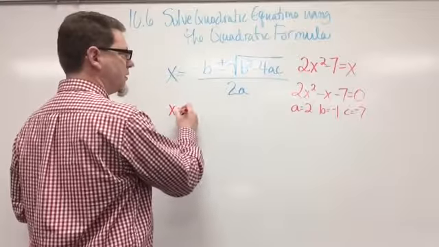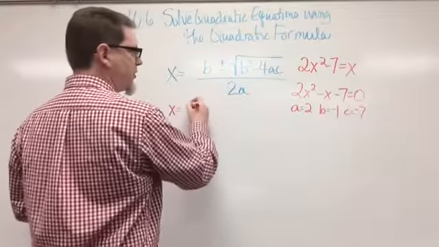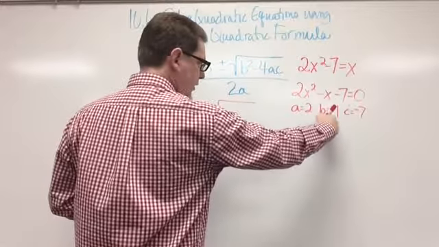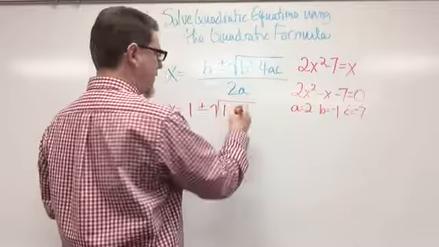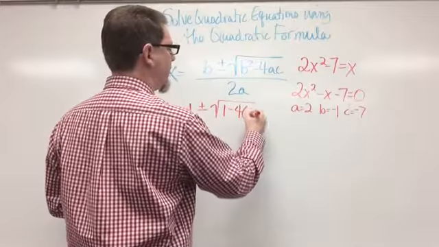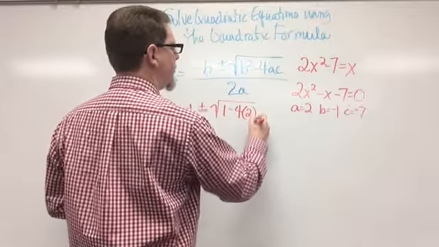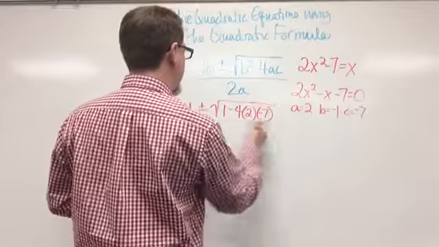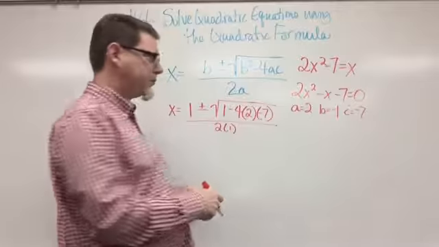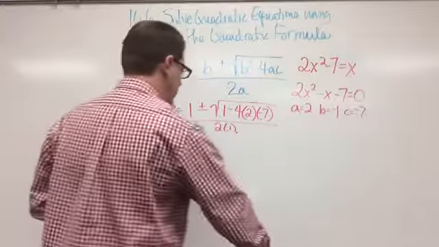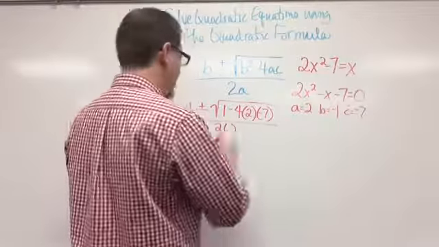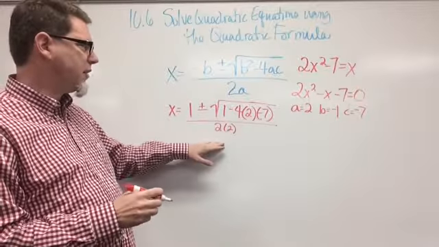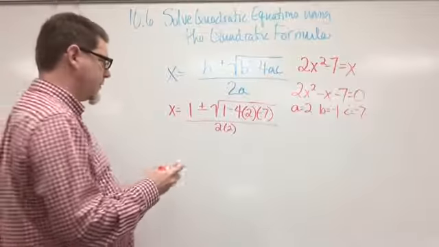So x equals the negative of b, which is 1, plus or minus the square root of b squared, negative 1 squared is 1, minus 4 times a, which is 2, times negative 7, over 2 times 1. That's wrong. That's over 2 times 2, because a equals 2. So I have my a, b, and c all plugged in correctly, and now we're just going to keep going.